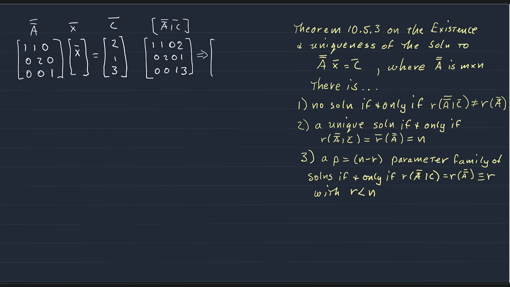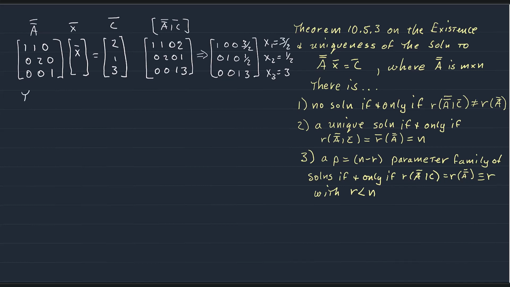You can go through and verify this yourself, but the answer I get is the matrix [1, 0, 0, 3/2; 0, 1, 0, 1/2; 0, 0, 1, 3]. This tells me that x3 is equal to 3, x2 is equal to 1/2, and x1 is equal to 3/2.